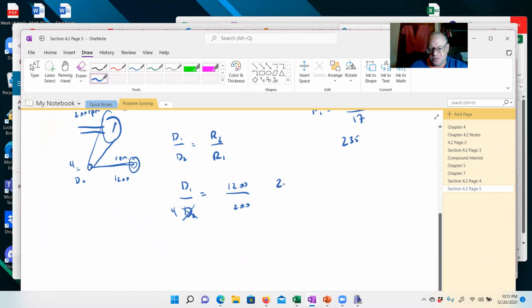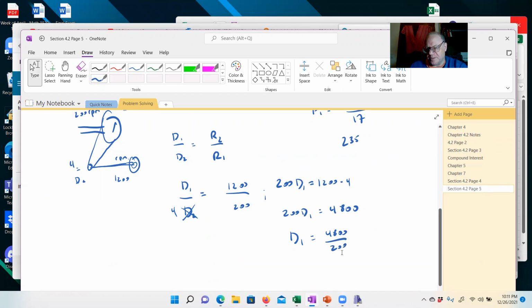So we have 200 times our first diameter, because that's what we're trying to find, and then we have 1,200 times 4. So we have 200 times the diameter is equal to 4 times 12 is 4,800. And then we have D1 is equal to 4,800 divided by 200.